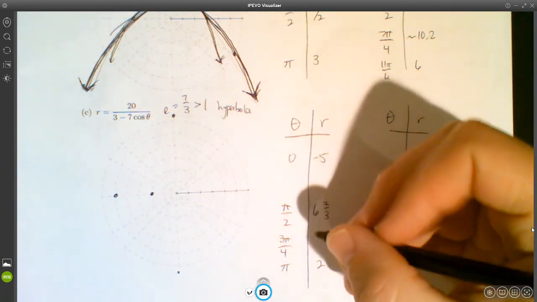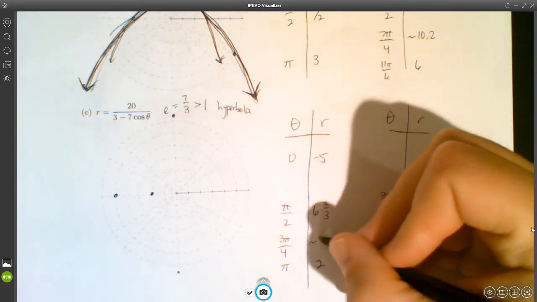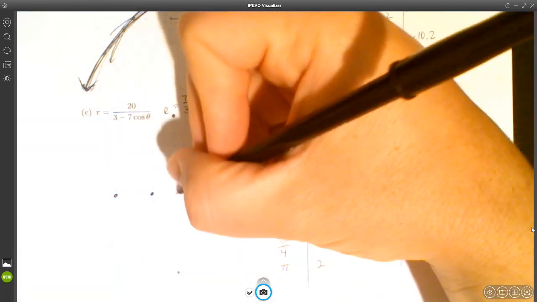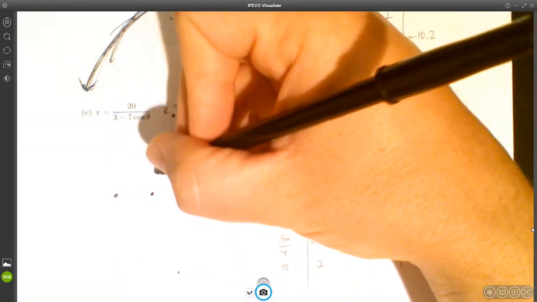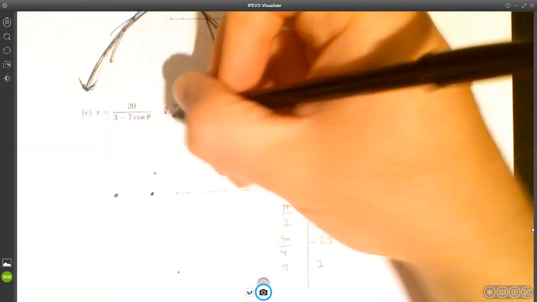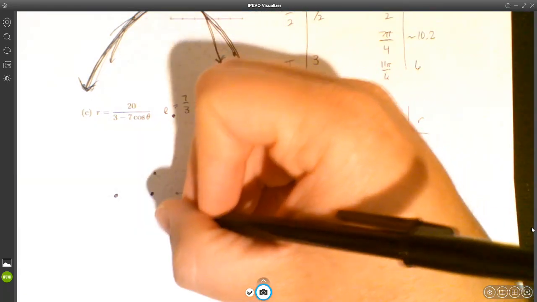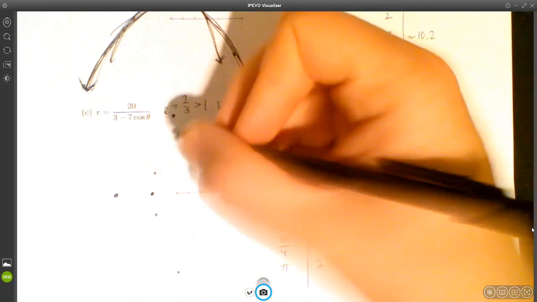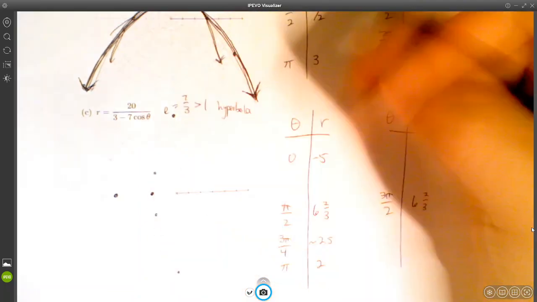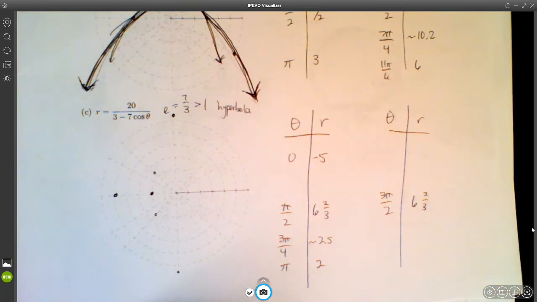It's about 2.5. I don't think that's going to do it. At 3 pi over 4, about 2.5. Yeah, I'm still on that first branch here. And cosine is the same in quadrants 2 and 3, so I know that I'm going to be at 2.5 again down here. So I'm still on this first branch. I wonder maybe if I plug in 7 pi over 4.